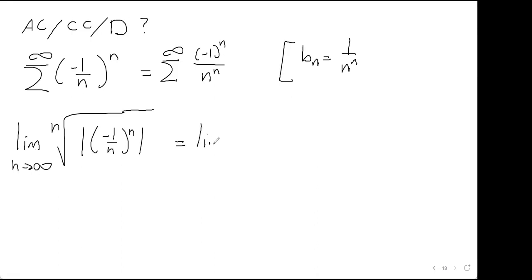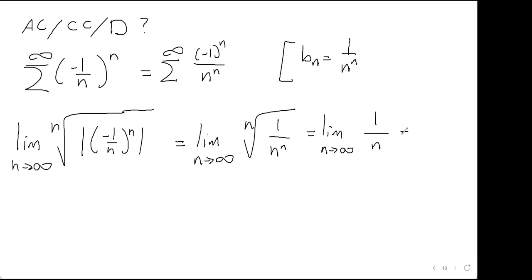So we still have the nth root of 1 over n to the n, and the nth root and nth power cancel. So we have the 1 on the top and the n on the bottom. That's 0, less than 1.